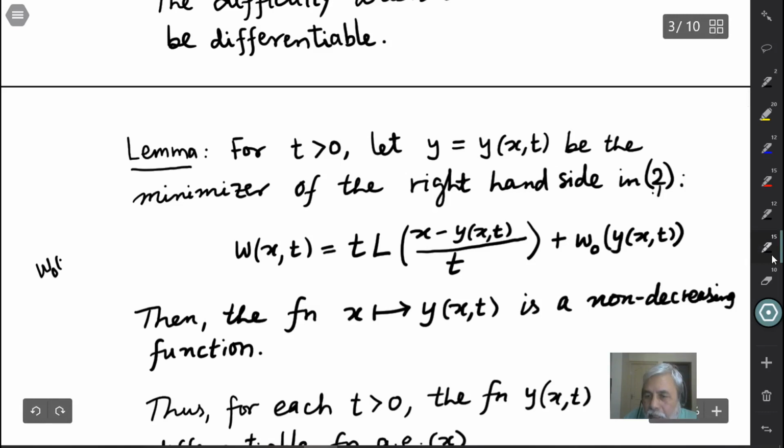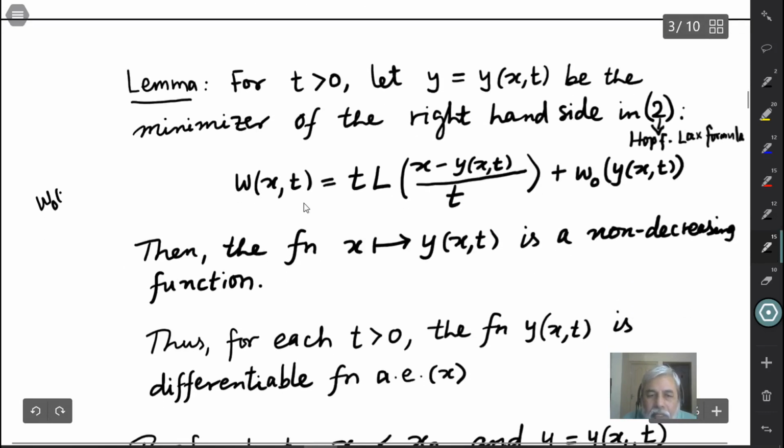So you have to see this together. Here I have written that w(x,t) is equal to t L((x - y(x,t))/t) + w0(y(x,t)).